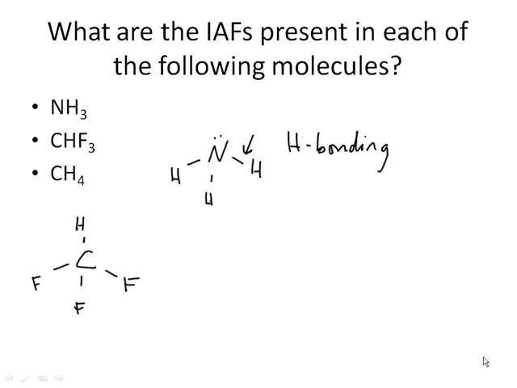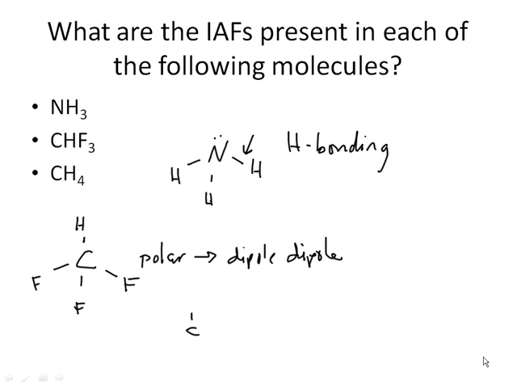So then we have to evaluate, is this molecule polar or nonpolar? When we look at it, we see that it's not symmetrical. It's got 3 fluorines and 1 hydrogen, so it doesn't have all the same things around it, which means that it's polar. All polar molecules which don't have NH, FH, or OH bonds have dipole-dipole intermolecular attractive forces.